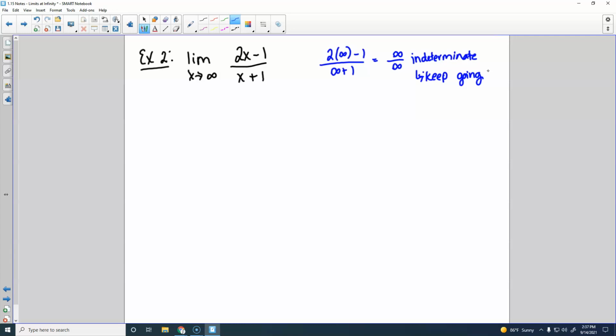So, here is what we're going to do. I'm going to divide every term by the highest degree variable from the denominator.